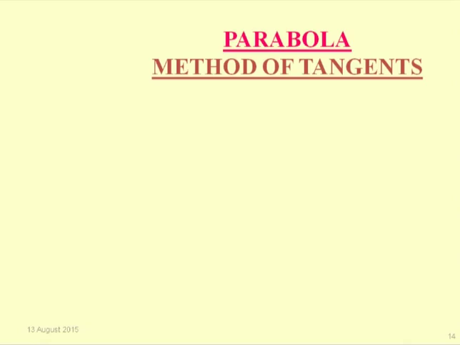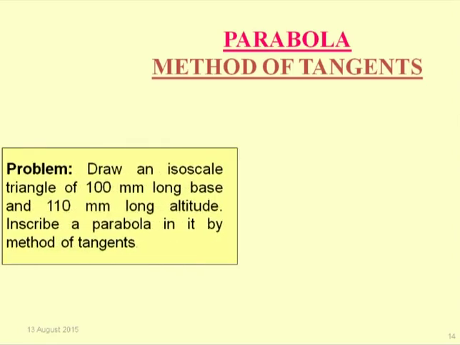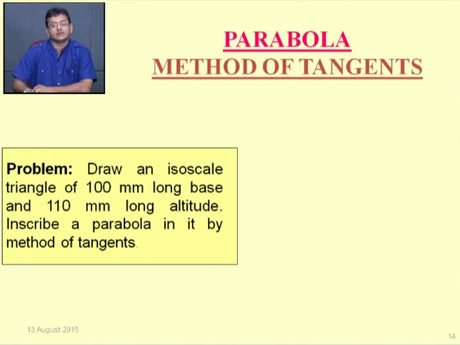Now let us understand how to draw a parabola by the method of tangent. So the data given here: draw an isosceles triangle of 100 mm long base and 110 mm long altitude.